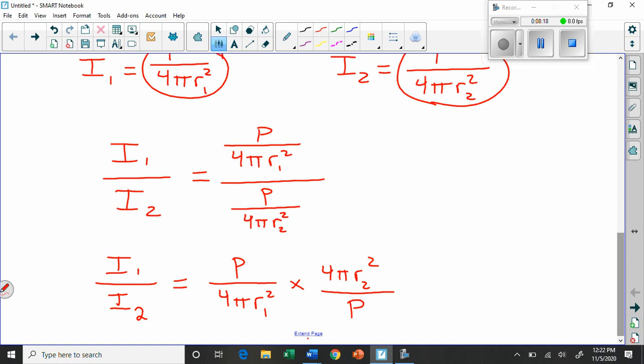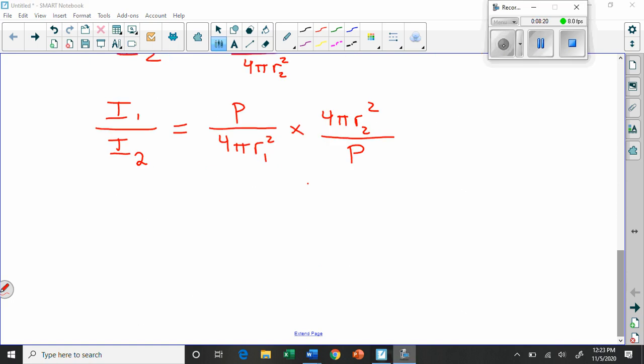Then, okay, we look at this fraction and we see that some of these things are going to cancel out. You'll notice that there's a P on the top and the bottom. So if I divide the top and bottom by P, those disappear. I can also divide the top and bottom by 4 pi, which would eliminate those two things.